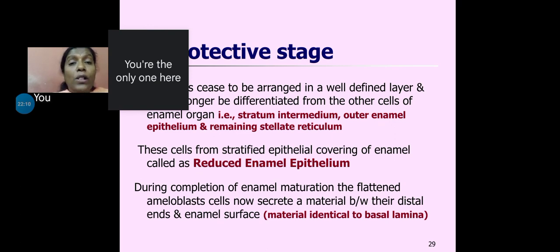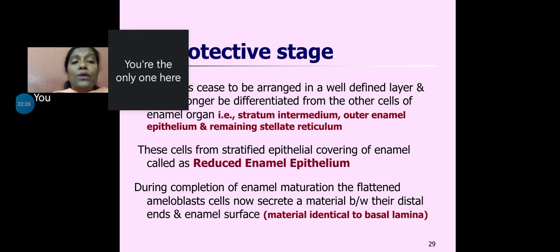Now, all these 4 layers of cells become flattened and indistinguishable from each other. Now I cannot make out which is an inner enamel epithelium, which is a stellate reticulum, which is a stratum intermedium, and which is an outer enamel epithelium. They all become flat cells, 2 to 3 layers of flat cells. Such cells are known as reduced enamel epithelium.